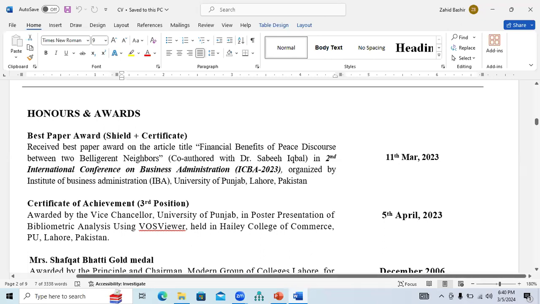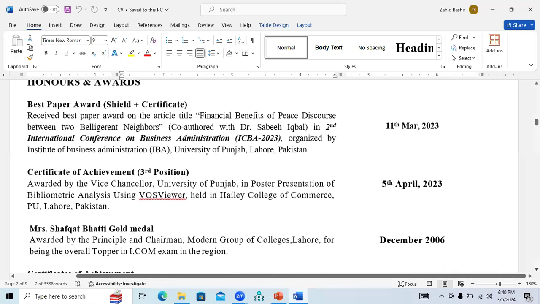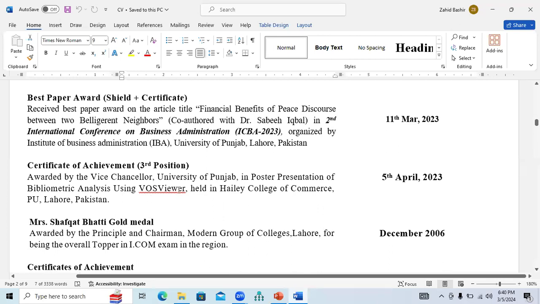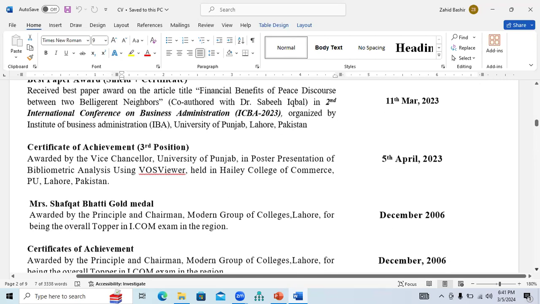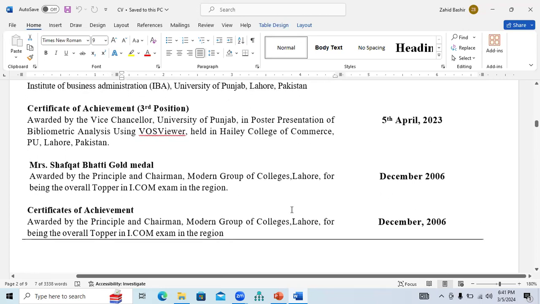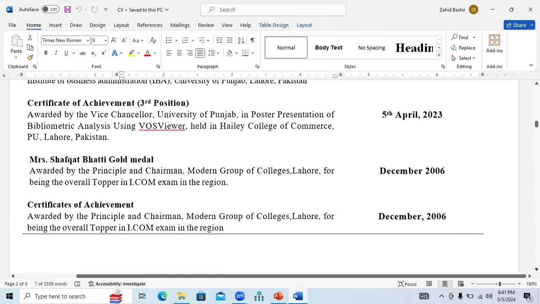I also got third position in visualization using WASPure, which was awarded by the Vice Chancellor University of Punjab in Delhi College of Commerce. I was also awarded a gold medal in ICOM, and I was also given a certificate of achievement there.